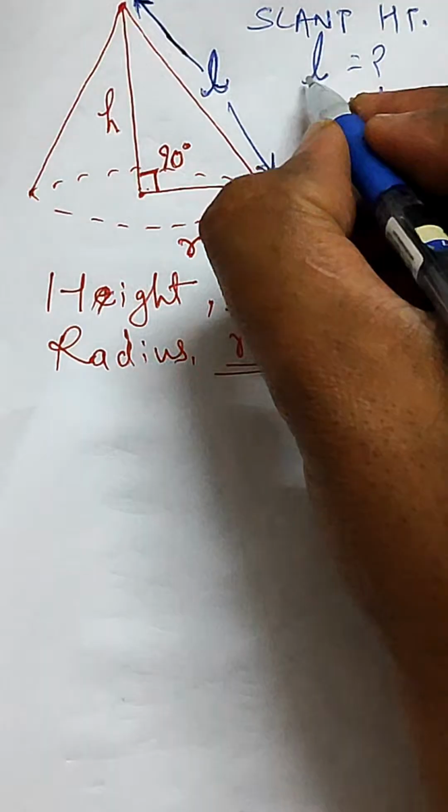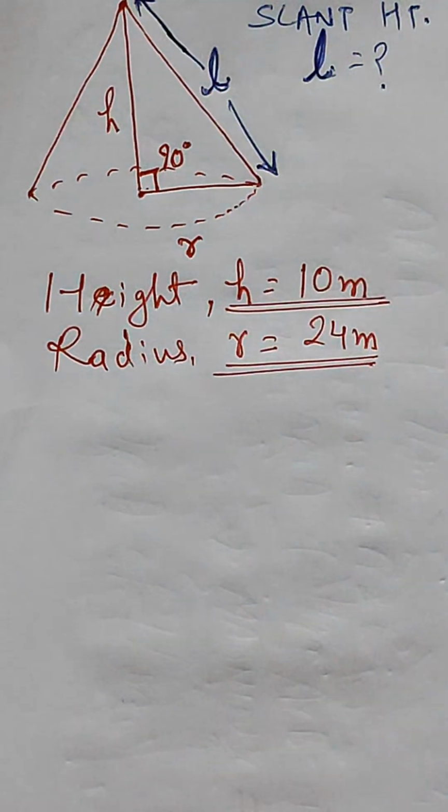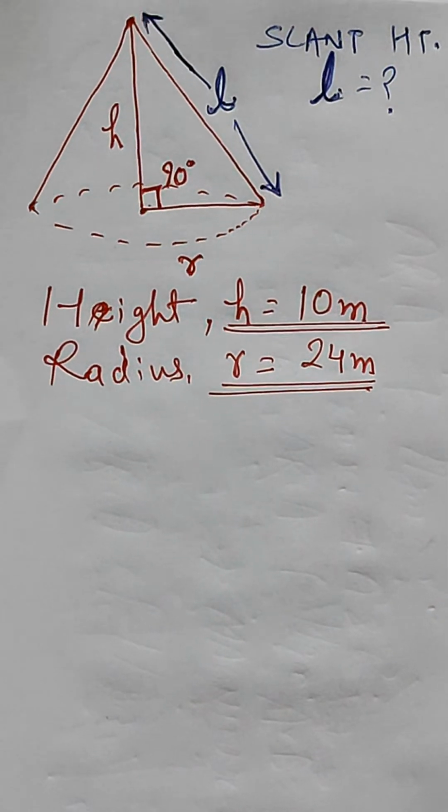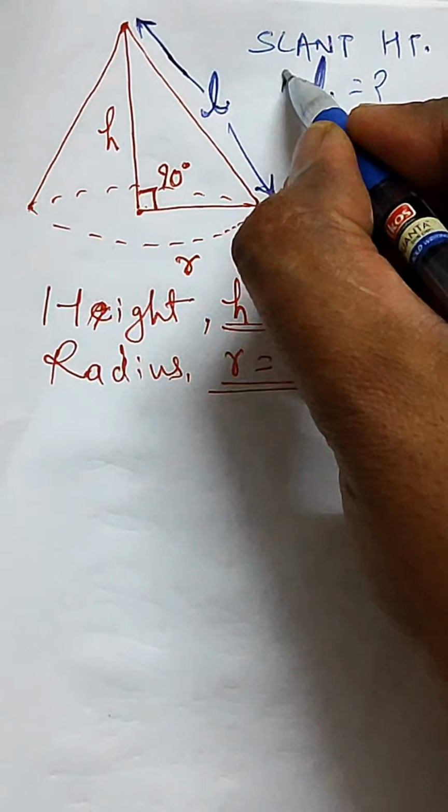Here this is the L of any cone, the slant height. That needs to be calculated, and this is the first part.